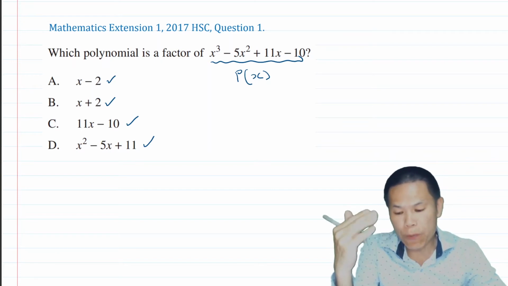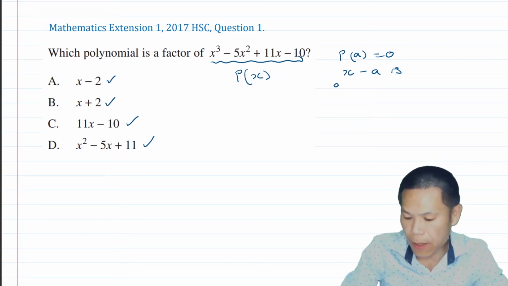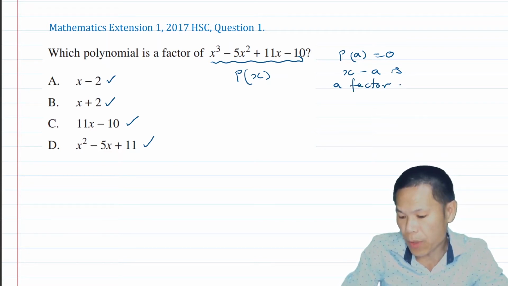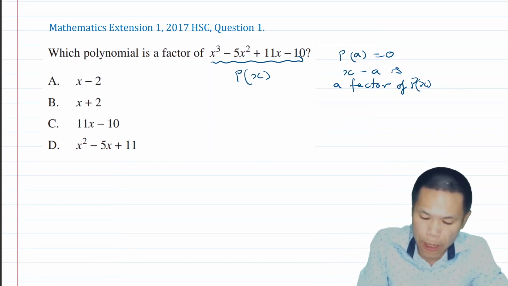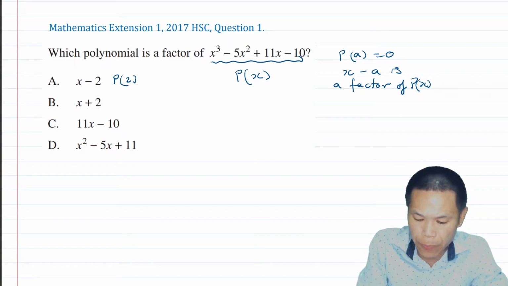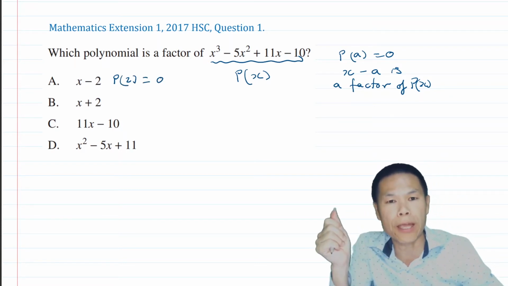To work it out, we know that if P of a is equal to 0, this means that x minus a is a factor of P(x), right? So to do this, we need to find P of 2 here. If it is equal to 0, that means x minus 2 is a factor.